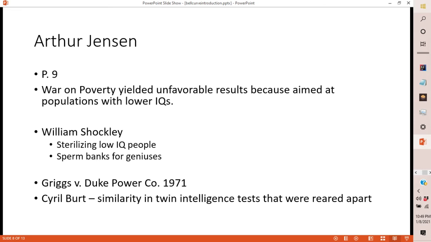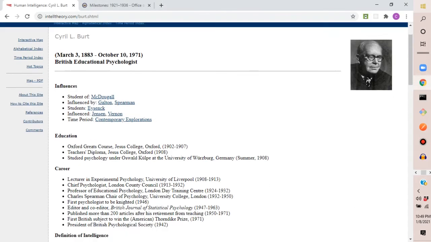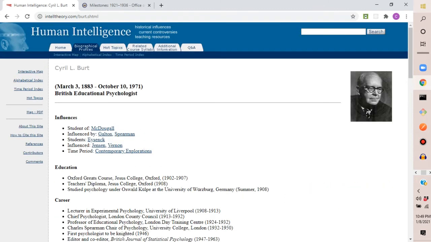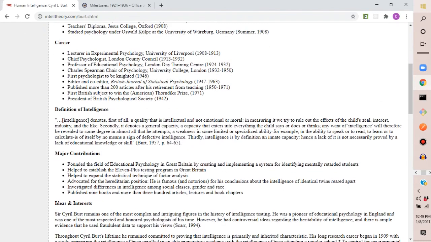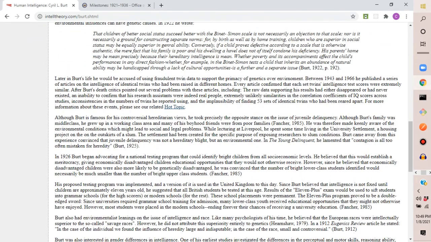And this website, Intel Theory, if you see it here on my screen, inteltheory.com/burt.shtml. I did a control find for twin. There we go. Between 1943 and 1966, he published a series of articles on identical twins raised in different homes.